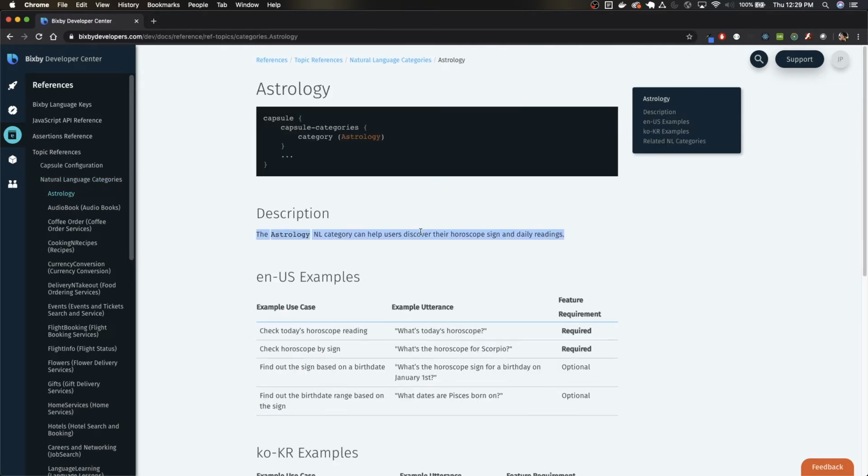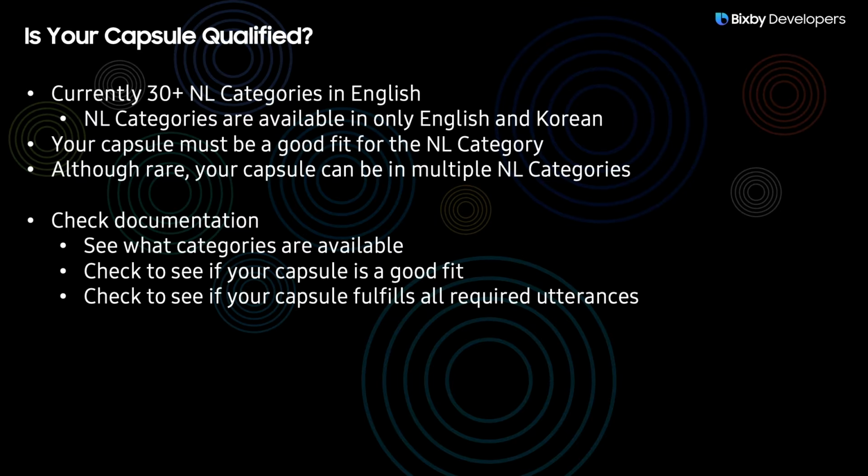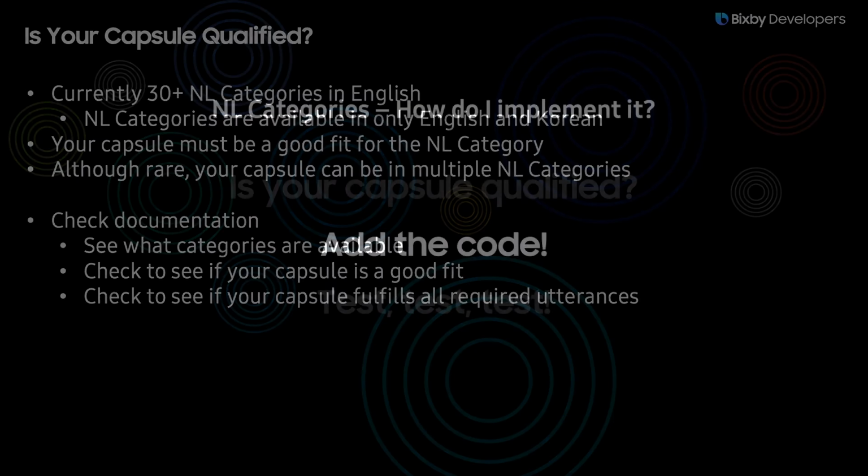First, read the description, and finally, check to see if your capsule fulfills these required example utterances. So it'd be expected of your capsule to be able to tell the end user what their horoscope is, and tell the end user what their horoscope is based on their sign.